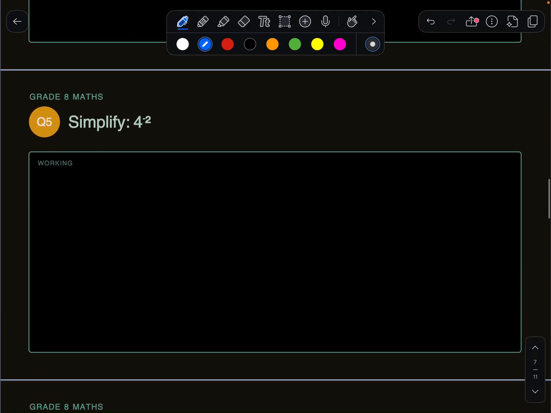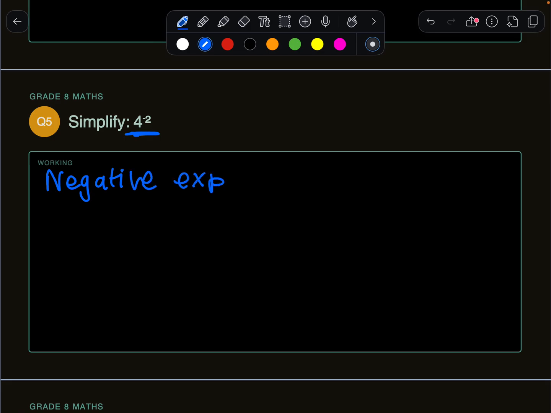Question 5, simplify this. So this one we are using our negative exponent law, which is simply, if you have a negative exponent, so if we have a to the negative m, you can just rewrite it as 1 over a to the positive m.